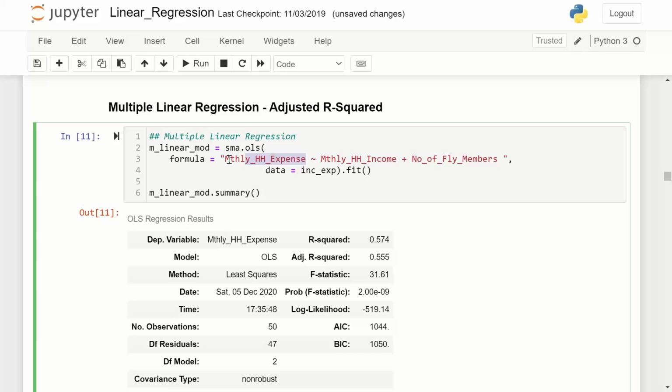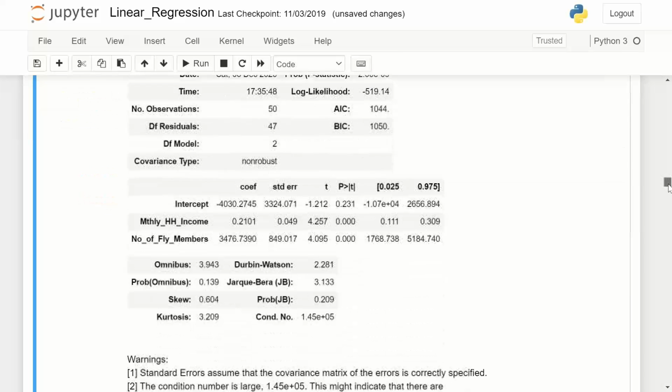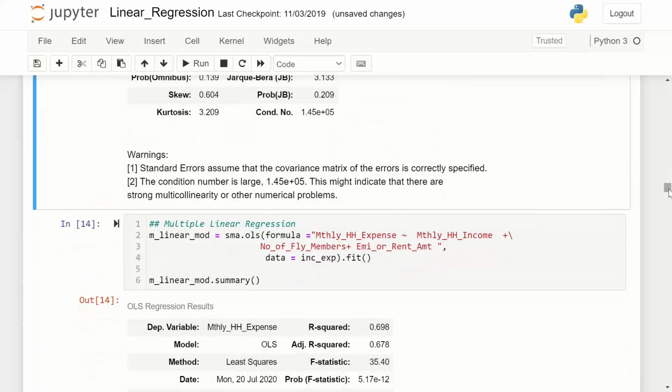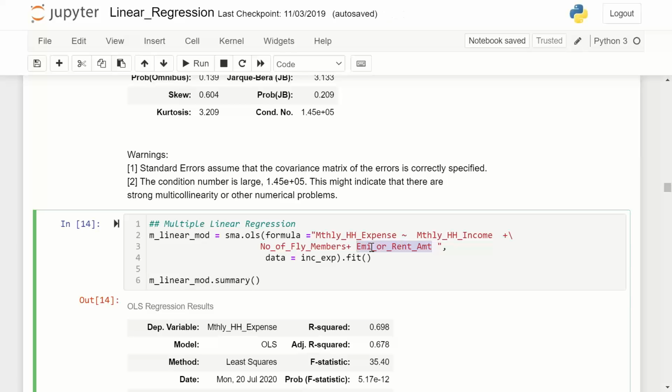Why different families have got different expense levels, I am able to explain using income and their family size to an extent of 57%. Can I further increase this? Probably yes. If I add EMI, what is the EMI being paid by them? If someone is staying in a rented apartment, definitely because of the rent, expense has to increase.